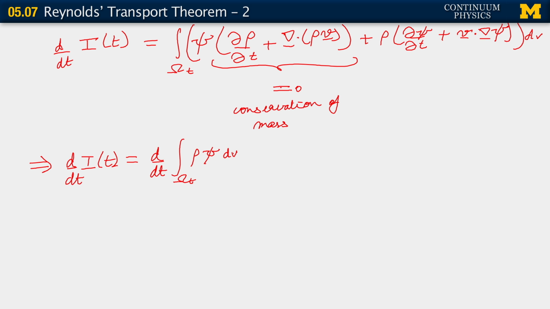When we have an integral of this type, and we're trying to compute its time derivative, what we're left with is the integral over omega t of rho times the partial time derivative of psi plus the convective term.